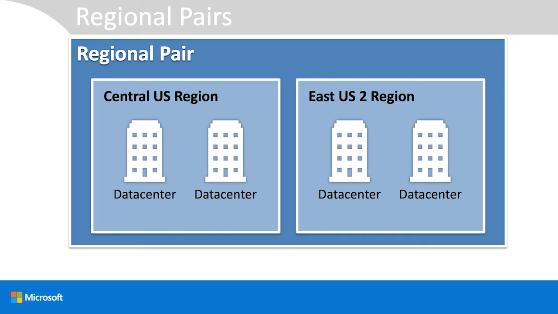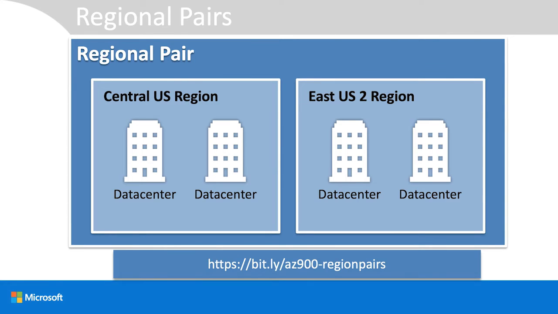When Microsoft needs to update the Azure platform, it performs the update in one region in the regional pair, and only after that update is complete will it move on to the next region in the pair. So that ensures that an Azure platform update won't impact your availability, assuming you deploy your service to both regions in the regional pair. You can see a list of regional pairs by browsing to https://bit.ly/AZ-900-region pairs.